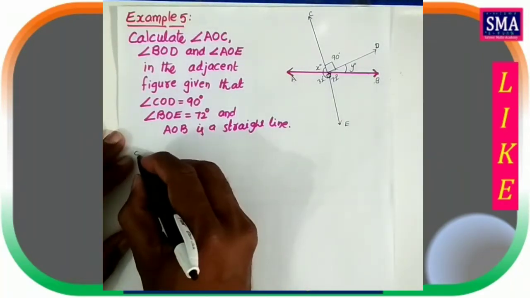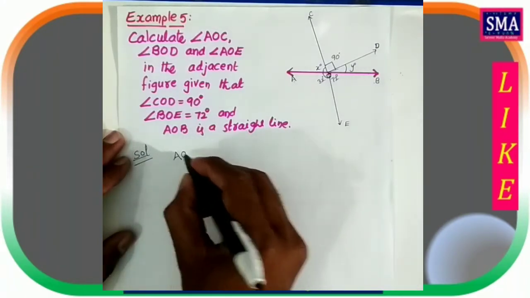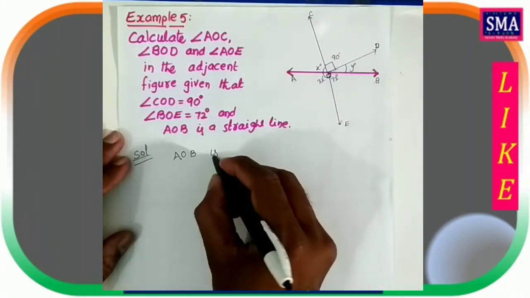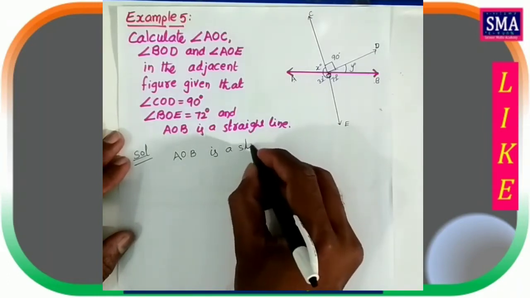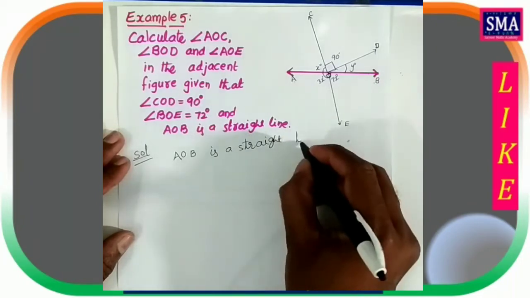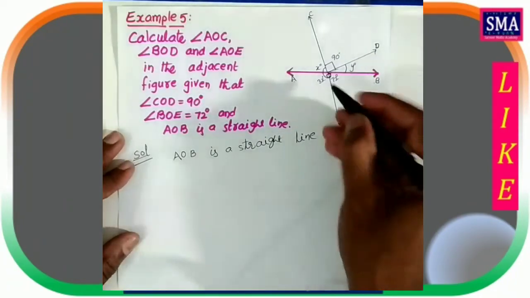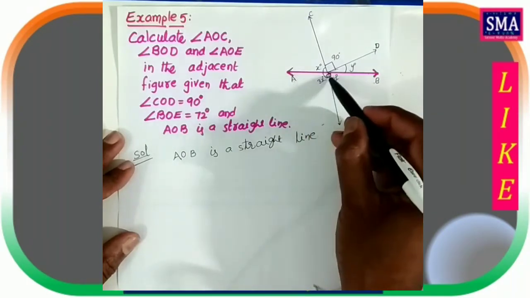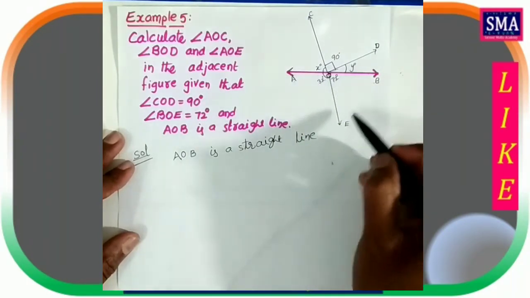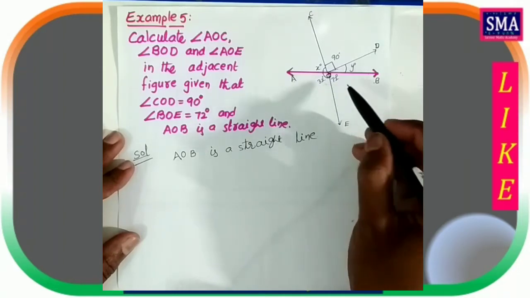AOB is a straight line. Okay students, AOB is a straight line. Then here observe the below angles AOE and BOE. These two are a linear pair.